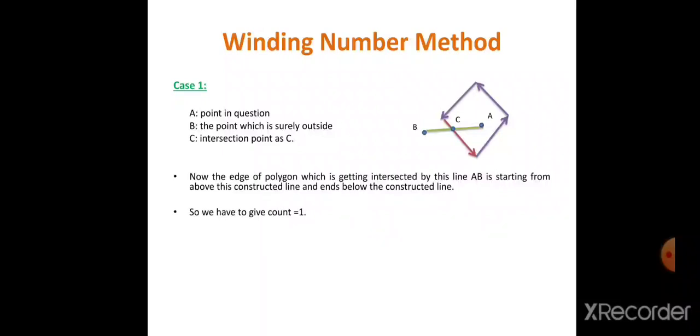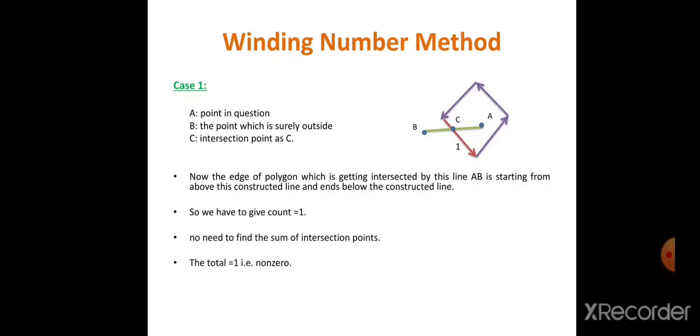So, I will count that point as a 1. There is no other intersection point, right. So, no need to find the summation on this single intersection point. At the end my total count will be 1, that is non-zero, and if the count is non-zero it means the point is inside. So, here we can say that the point A is completely inside of that polygon.